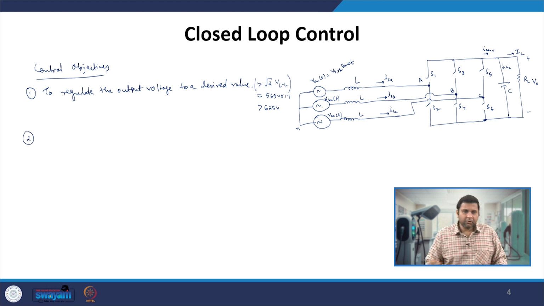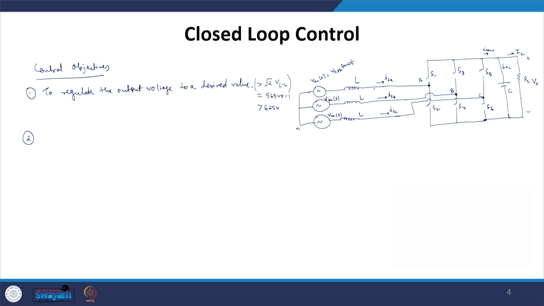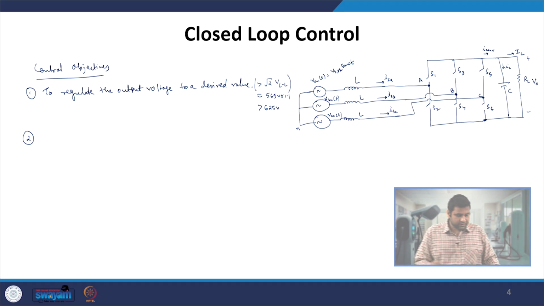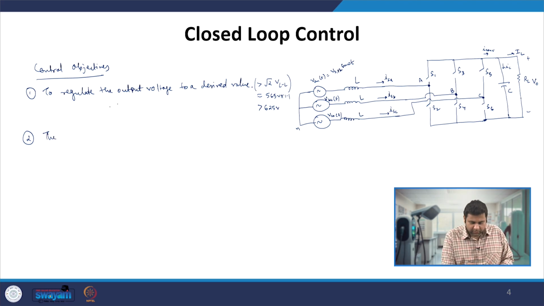Now, the second control objective, along with keeping the constant voltage at the output, is that we must ensure that the current drawn from the source should have UPF operation, or you can say unity power factor.